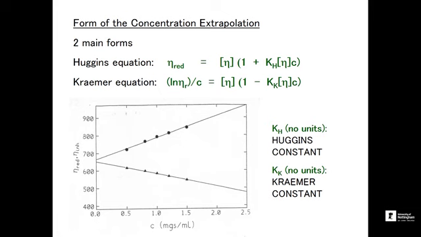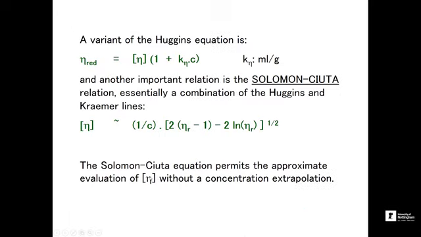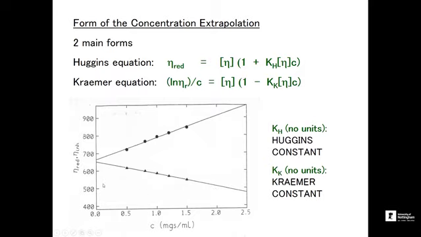Now, some bright spark or pair of bright sparks saw that this line went up and this line went down, and then had the idea: why don't we combine these two together? And you get a line that goes like that, which means you could make your measurements at a particular concentration, and it's not that far off the true intrinsic viscosity.